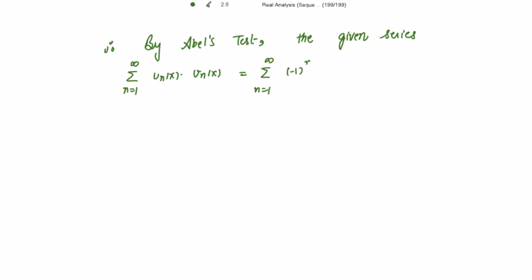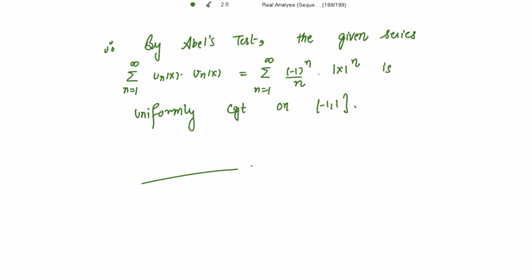It is (-1)^n divided by n into v_n(x), that is |x|^n, is uniformly convergent on the closed interval -1 to 1, right? Hence proved. Alright, thank you.